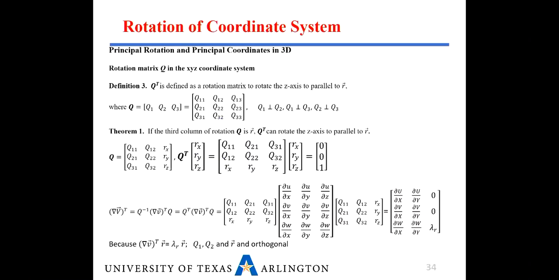So we try to find the rotation or coordinate system. That's what we want to do. Q1 is one vector, Q2 is another vector, Q3 is a vector. That's the three vectors, and they must be orthogonal to each other. That's what we call the rotation matrix.